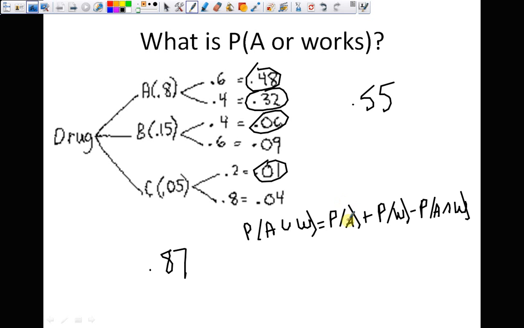What's the probability of using drug A? That's 80%. There's an 80% chance that we use drug A. Plus the probability that it works, and that's any drug works. That's 0.55. That's one we just came up with, adding the 3 works events together.